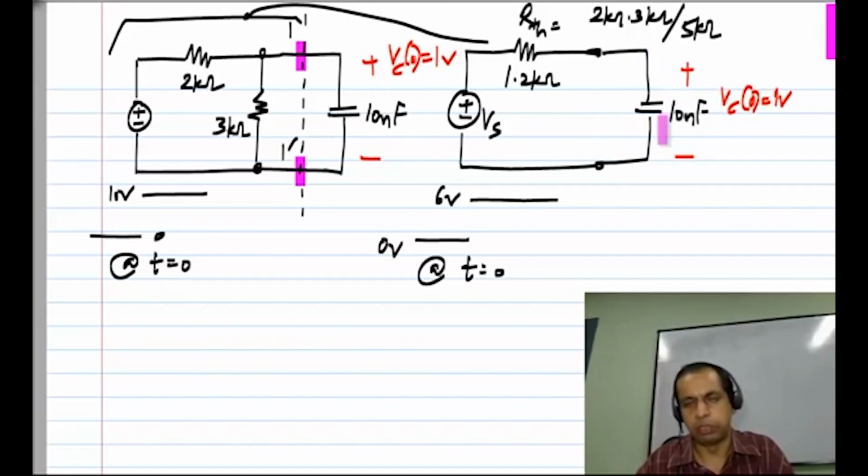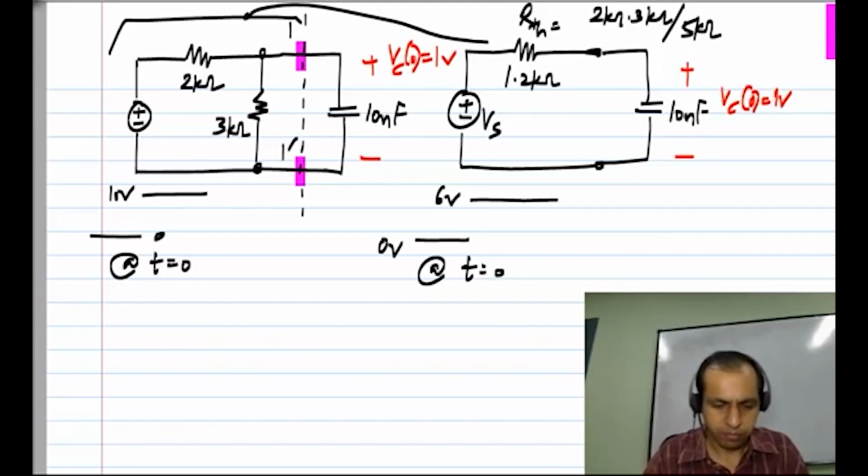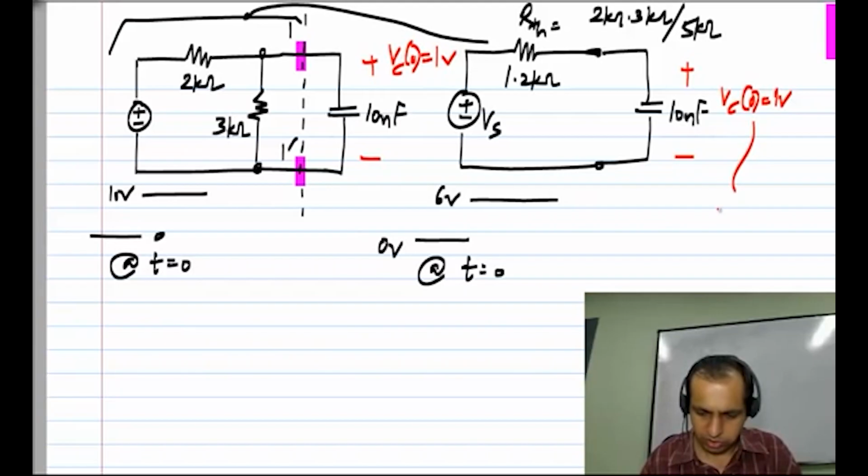So the voltage across the capacitor will be continuous, and even after the step is applied, we will have 1 volt. We have calculated all of these things in general terms. So this means that Vc just after the step, Vc of 0 plus, is also 1 volt.